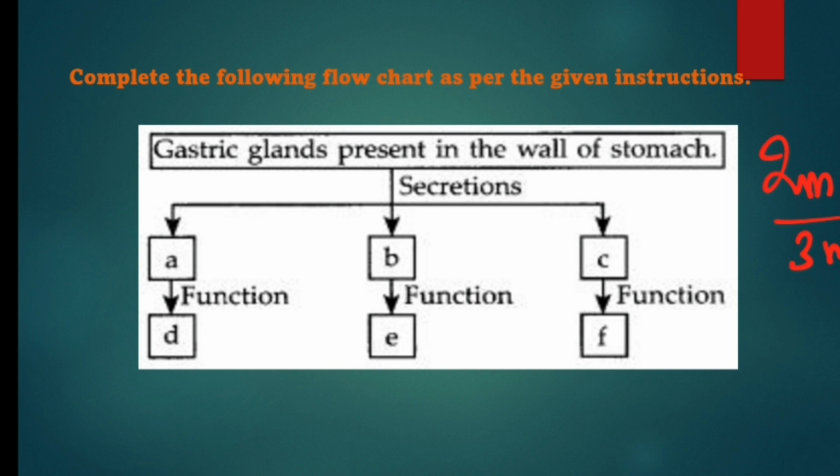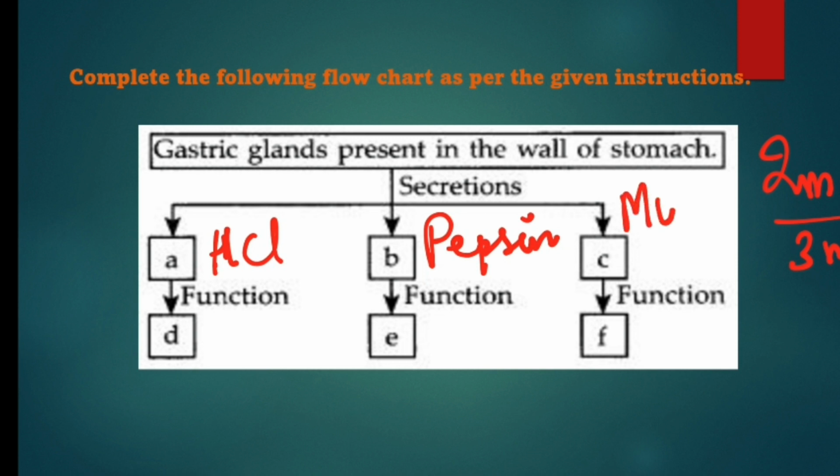So gastric glands secrete, number 1, HCl or hydrochloric acid. Then they secrete pepsin, an enzyme, and they also secrete mucus. Now, what is the function of HCl or hydrochloric acid?